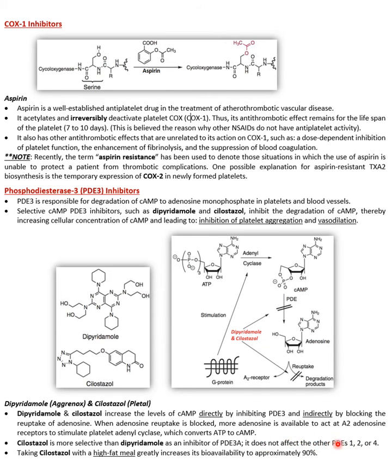Try to find what the inhibition of phosphodiesterase 1, 2, and 4 would lead to. In fact, I don't think you have studied this yet or not, but check the mechanism of action for Viagra, which actually inhibits one of these phosphodiesterases and causes vasodilation.